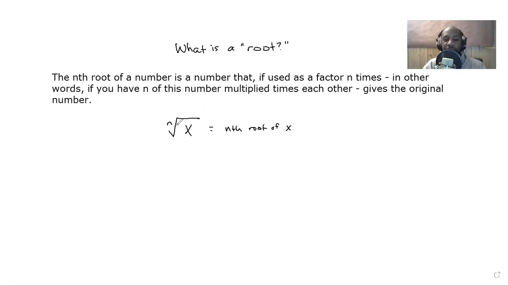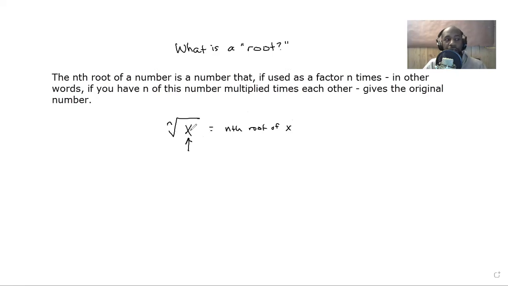When you have this funny looking symbol, almost looks like a division kind of thing with an n there, that means the answer to this is the nth root of x. And a root, again, is a number that if you have n of them multiplied times each other, you get the original number.